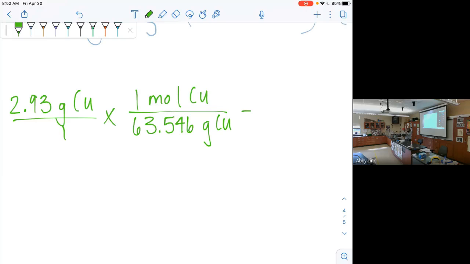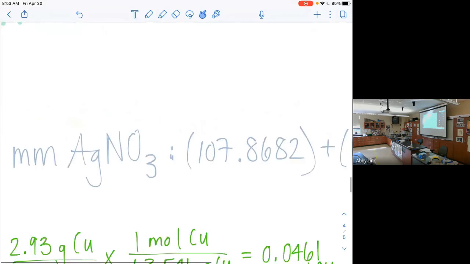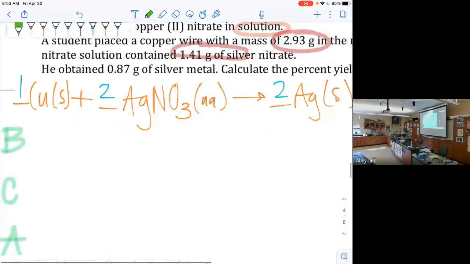Keep those 3 sig figs there. This is going to be an annoying number just because it's so small, but it's 0.0461 moles of Cu. All right, so that is my before. That's what I'm starting the reaction with for copper. So let's go ahead back up here and put that into our BCA table under our copper.